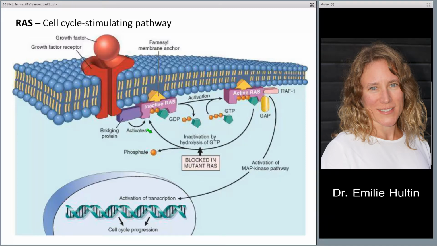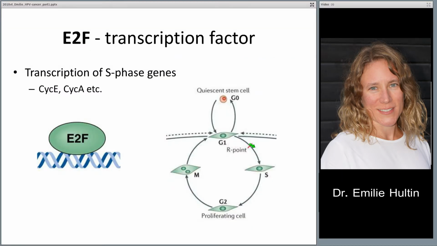But when we have a mutated RAS that is common in different tumors, this negative feedback loop doesn't work anymore. So a mutated RAS enzyme will always be active, and that leads to continuous activation of the kinase pathway, and the cell cycle progression.